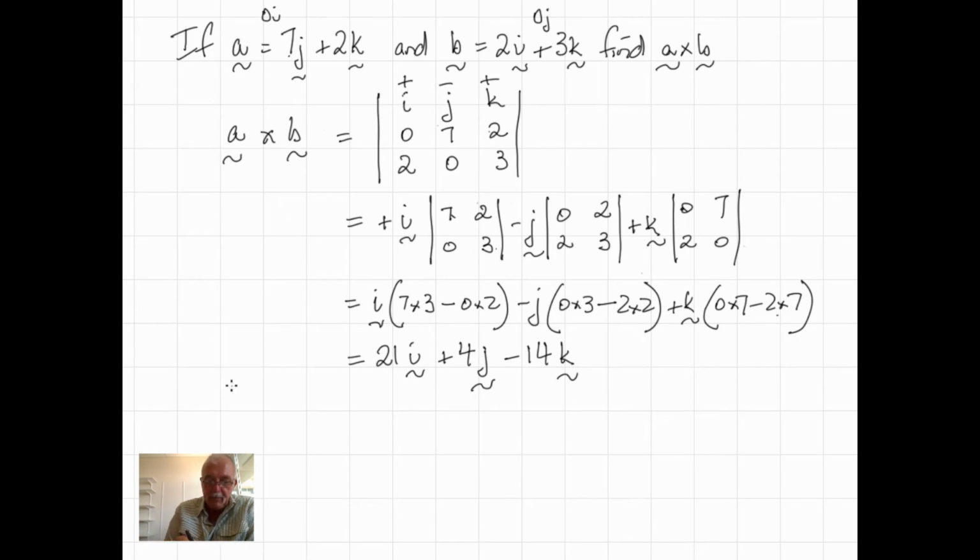What would happen if we do vector A, which is 7J plus 2K, dotted with this? Have a think about that. What would you expect our answer to be?